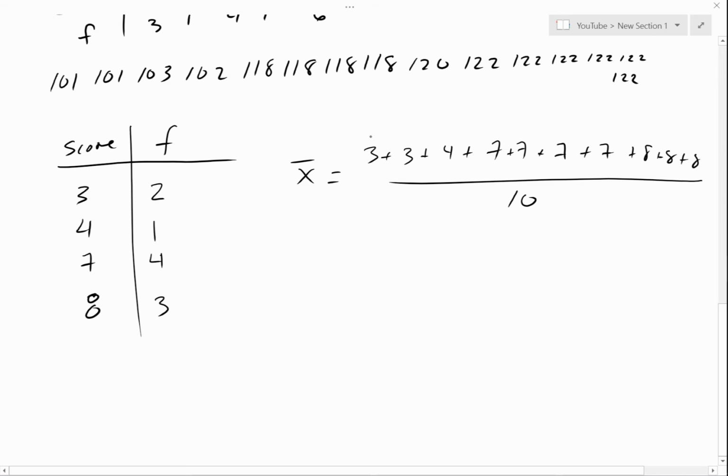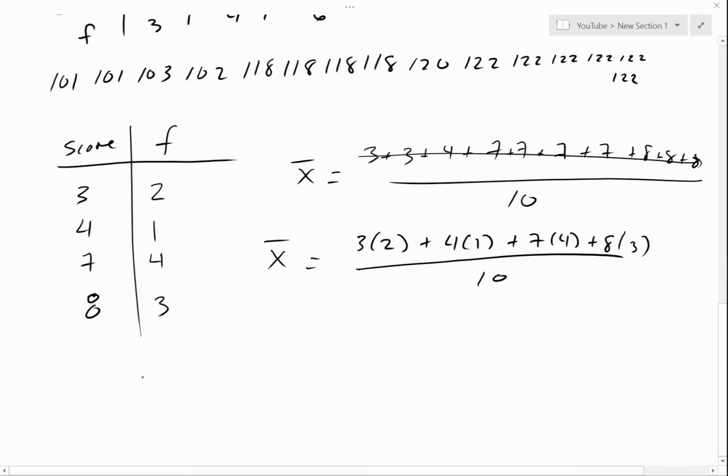Instead of writing all these numbers out, how about if we just say 3 times 2 plus 4 times 1 plus 7 times 4 plus 8 times 3 divided by 10.